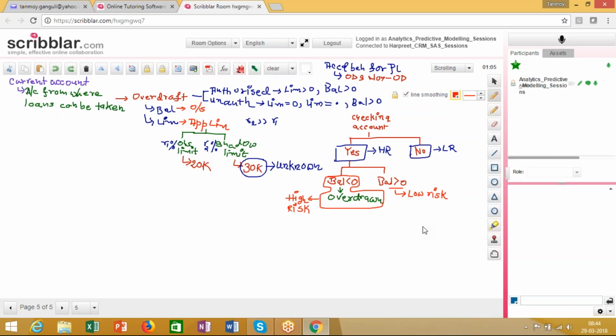Right? So among the high risk, this segment with negative current account balance is a more high risk segment, and the one with balance greater than zero is a low risk segment. Clear?